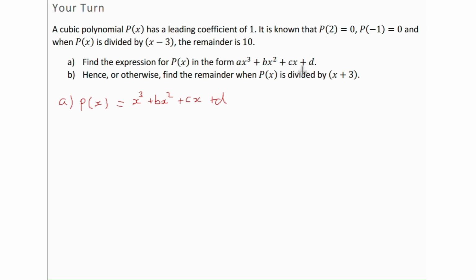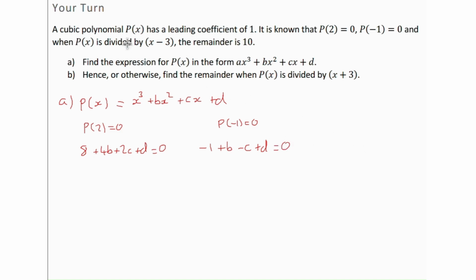Secondly, p of 2 is equal to 0, means that 8 plus 4b plus 2c plus d is equal to 0. P of minus 1 is equal to 0, means that minus 1 plus b minus c plus d is equal to 0.